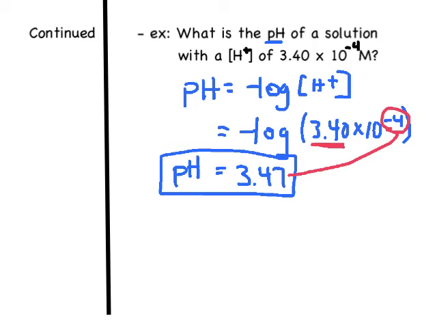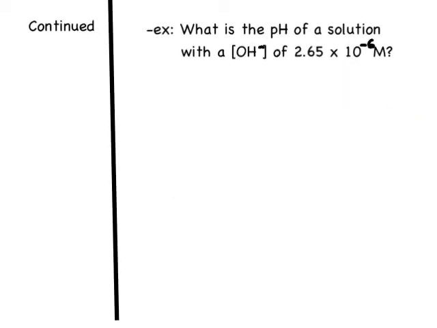All right, let's take a look at one last example, and you'll be prepared to do a whole bunch more examples on your own tomorrow in class. Our last example is a little bit more tricky. It says, what is the pH of a solution with a hydroxide ion concentration of 2.6 times 10 to the negative 6? We can't directly relate pH and the OH concentrations.